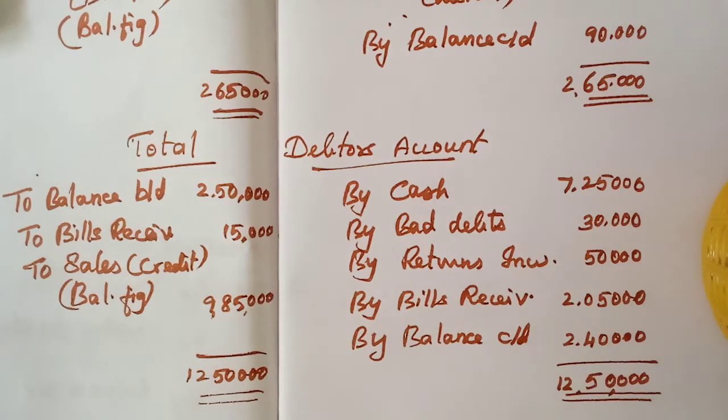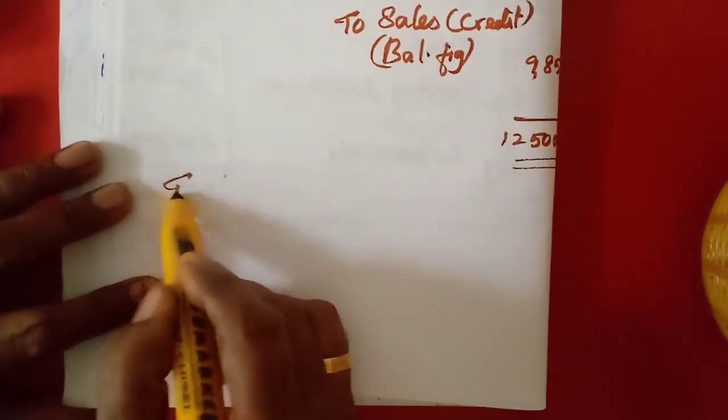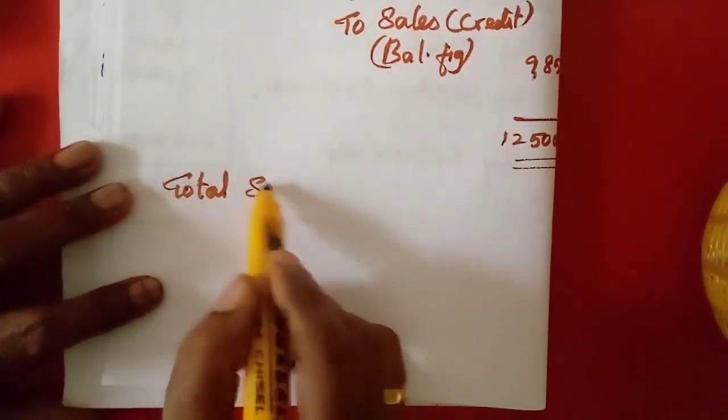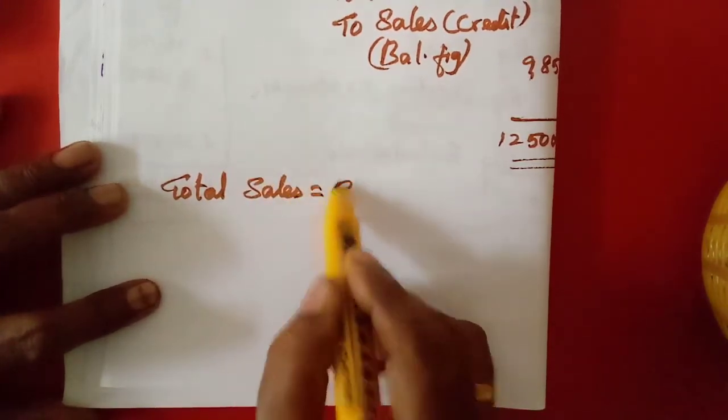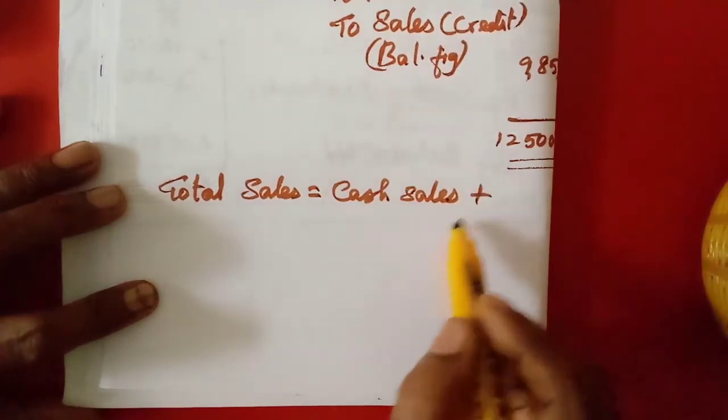What is the question now? The question is to calculate the total sales. They have given, so you write: total sales is equal to cash sales plus credit sales.